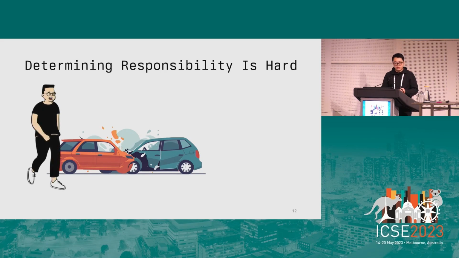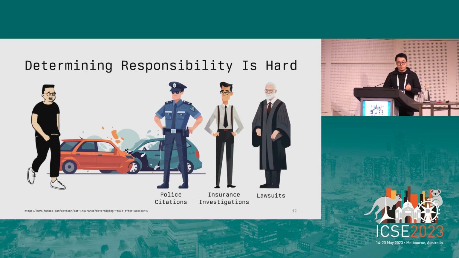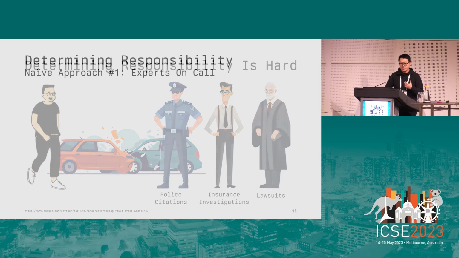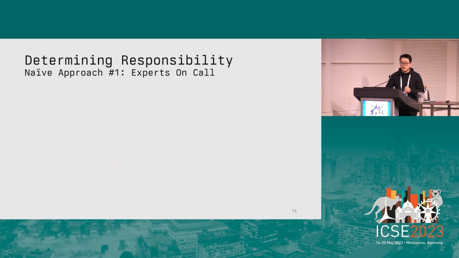When I walk up to a scene and try to figure out which driver is liable, besides the drivers themselves admitting fault, we need to look at police citations, sometimes insurance investigations, and in some rare cases, it may end up in the courts where the jury and the judge will be deciding which driver is liable. Now, given this idea, we can have a naive approach called experts on call.